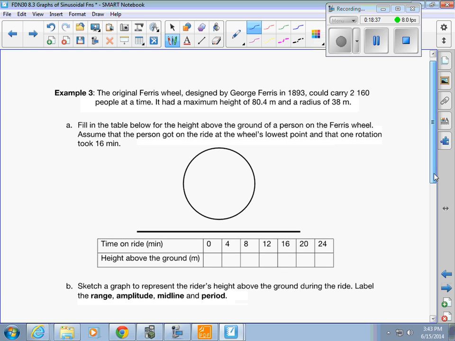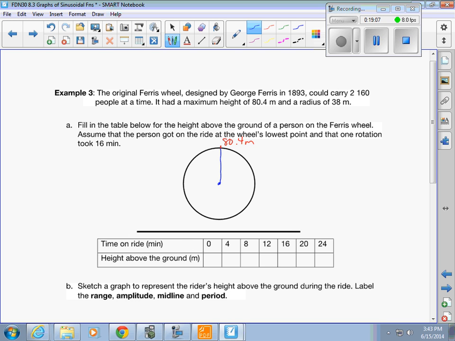Okay. So we have to put some of the information on here. We know that up here, at this highest point, there was a height of 80.4 meters. They tell us that the Ferris wheel had a radius, so to go from middle to here, that was 38 meters.